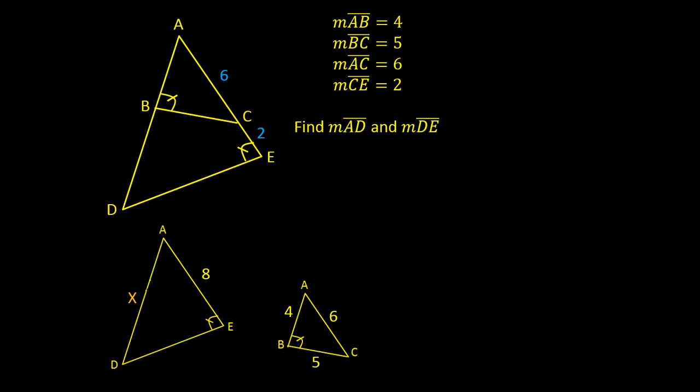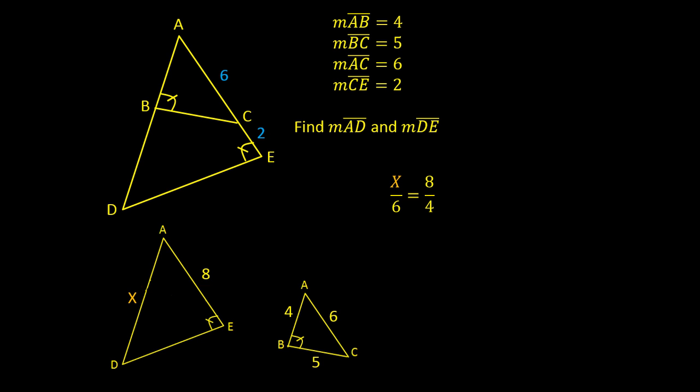So let's say we'd like to find the length of side AD. We need to set up some proportions to show some fractions which represent those corresponding sides. The side that is labeled as X units long, which would be segment AD, is opposite the angle that's marked with one tick mark in the large triangle.